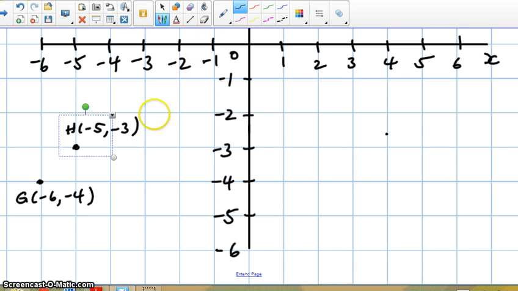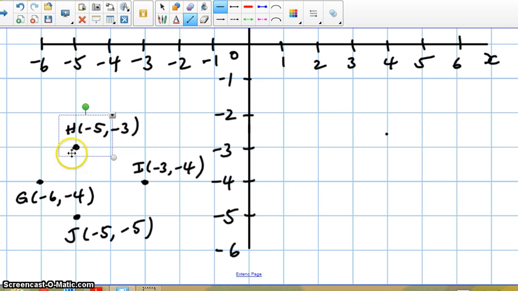Okay, I will be at -3, -4, and then finally J will be at -5, -5. Now hopefully I can fit this all on my page and then connect the dots here. So that is your original.